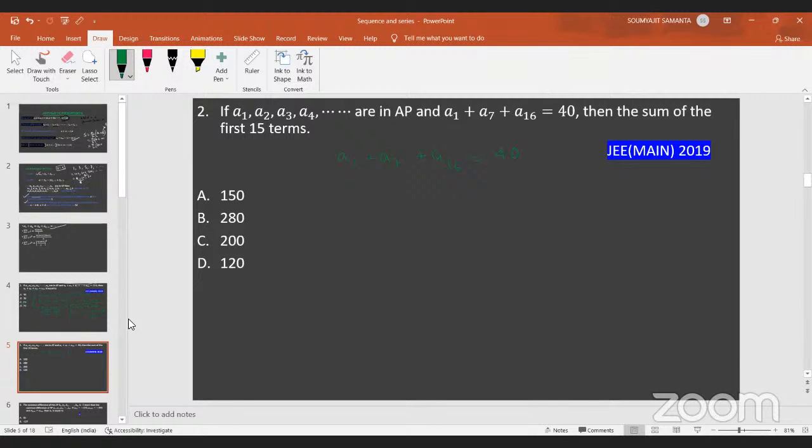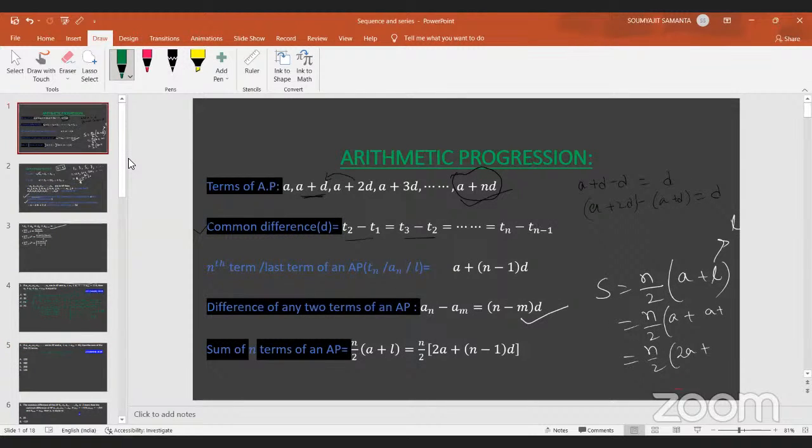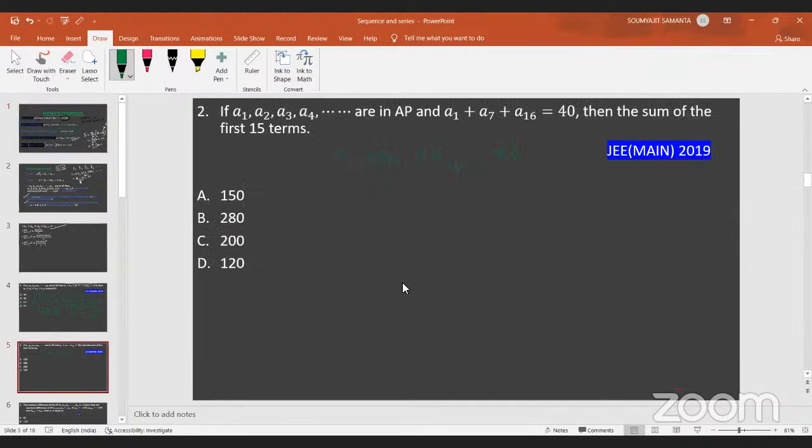And we need to find the sum of the first 15 terms. We'll use the formula for An, that is An equal to A plus n minus 1 into D, and the sum formula. Let me show you how we can solve.